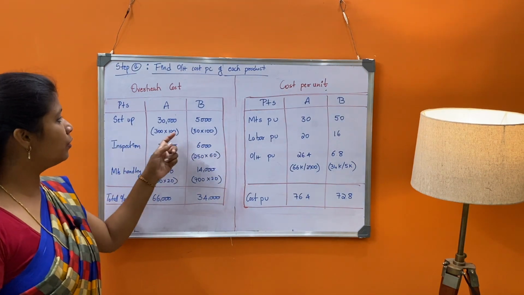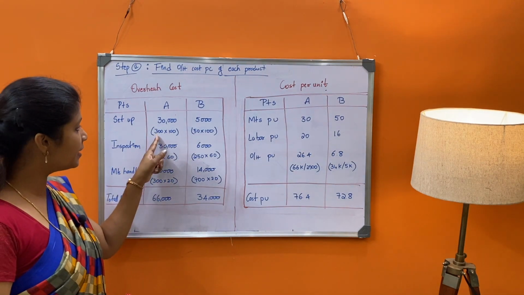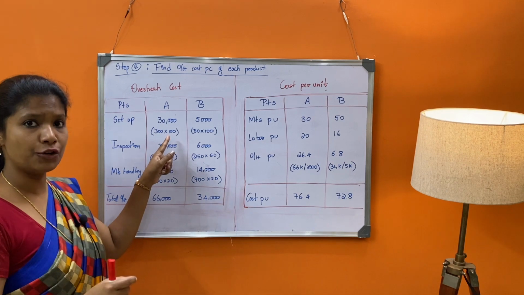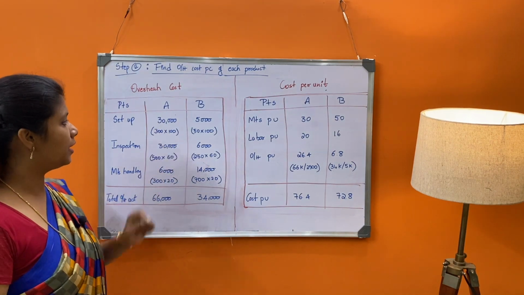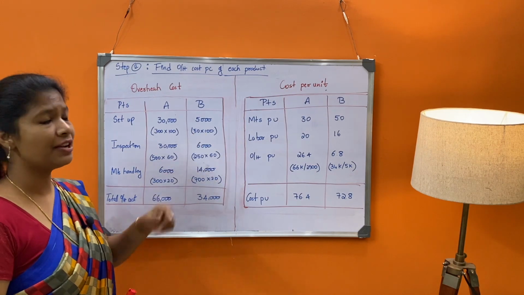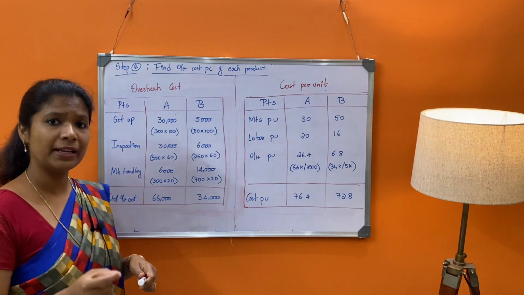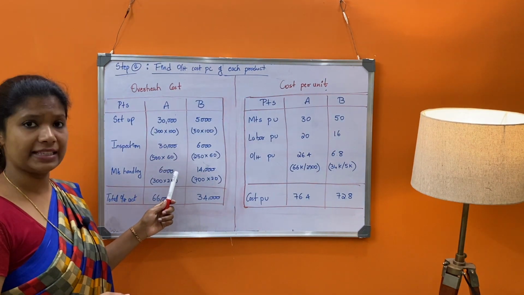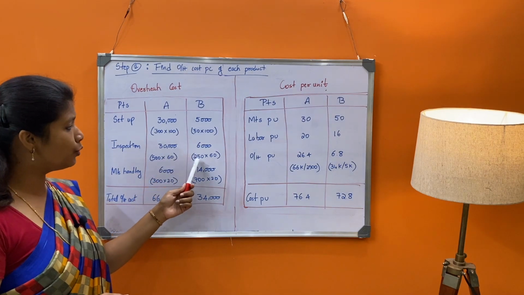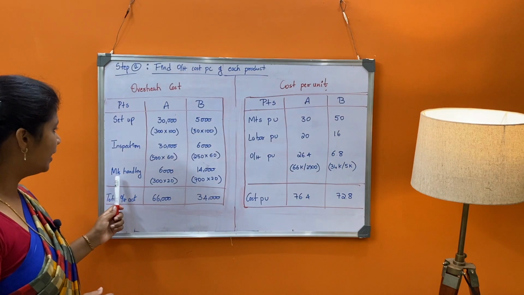The number of setups for product A was 300, so 300 setups into 100 rupees, the cost driver rate, is 30,000. 50 into 100 is 5,000. Next, inspections. For product A, how many inspections? 500 inspections. So 500 into 60 is 30,000. 250 into 60 is 6,000.